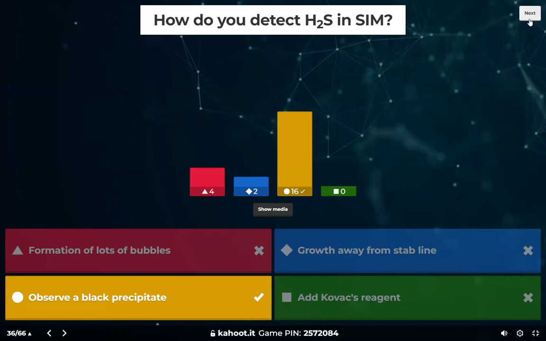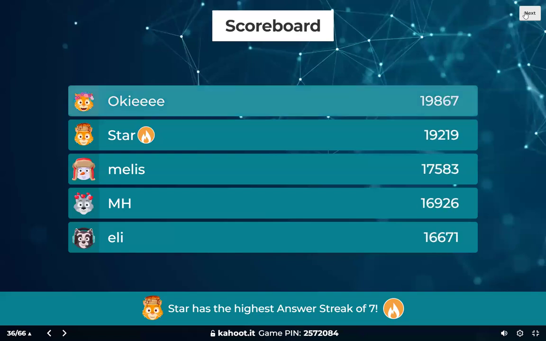What you might not have noticed in that example image is that there was a layer of Kovacs reagent at the top of it. It was gold. So with the black and that gold layer of Kovacs reagent, is that positive for indole use or is it negative? Negative, exactly. What does it look like if it's positive for indole use? Red. Very good.